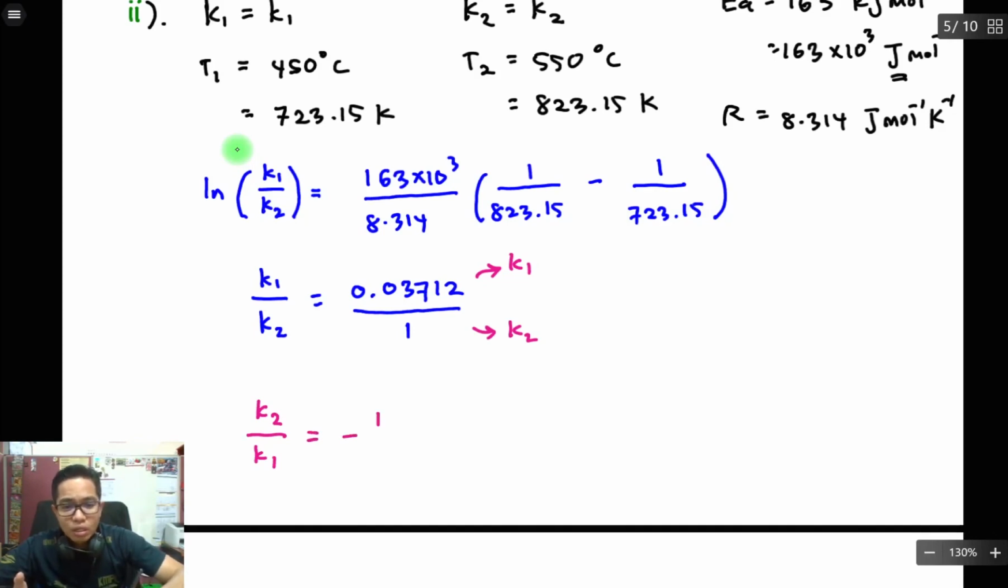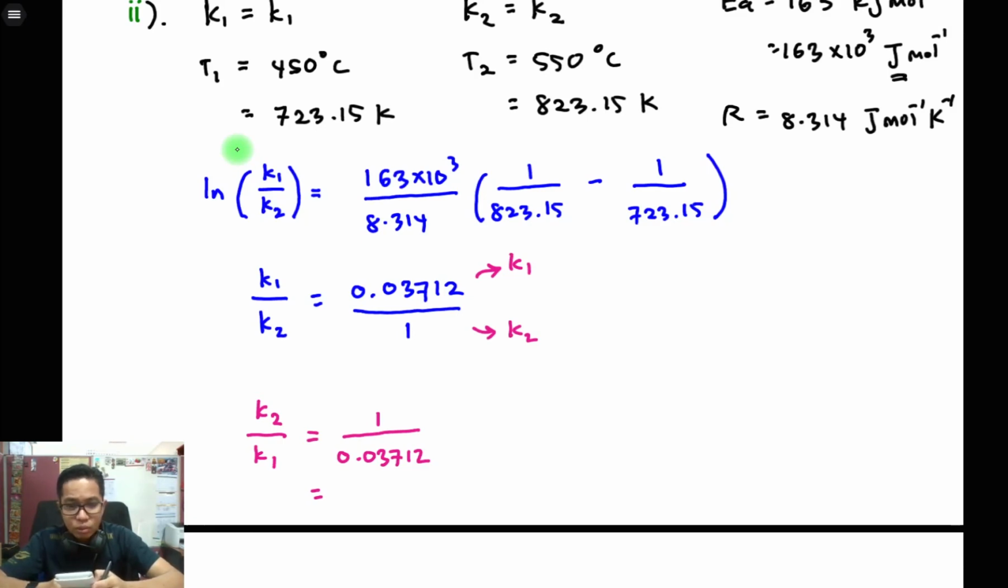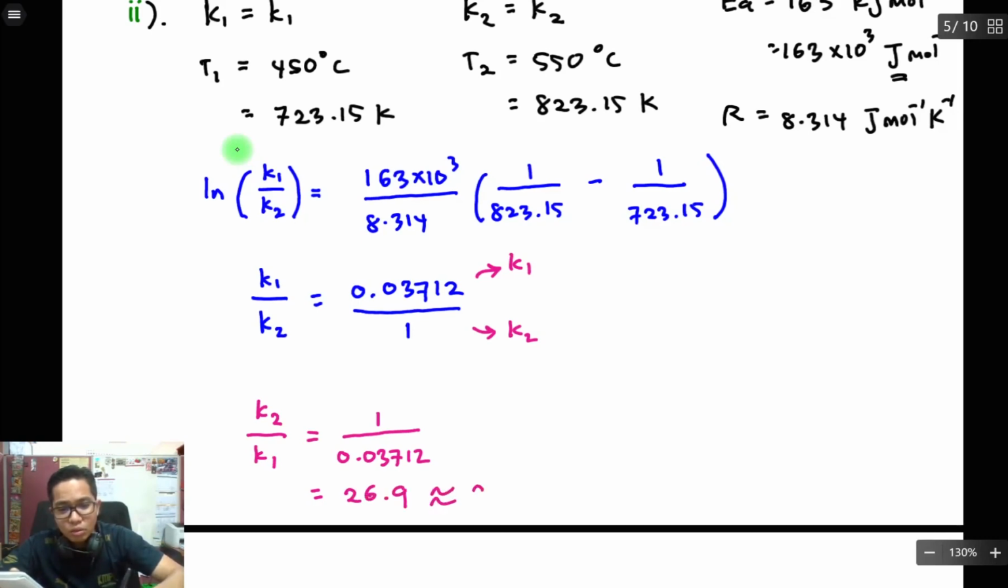So 1 divided by 0.03712 is equal to 26.9. So more or less is 27. Okay, so the answer should be 27 times faster.